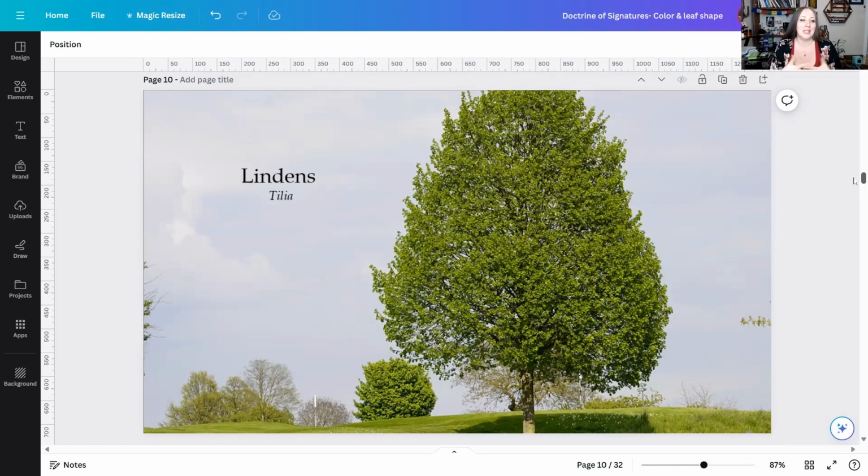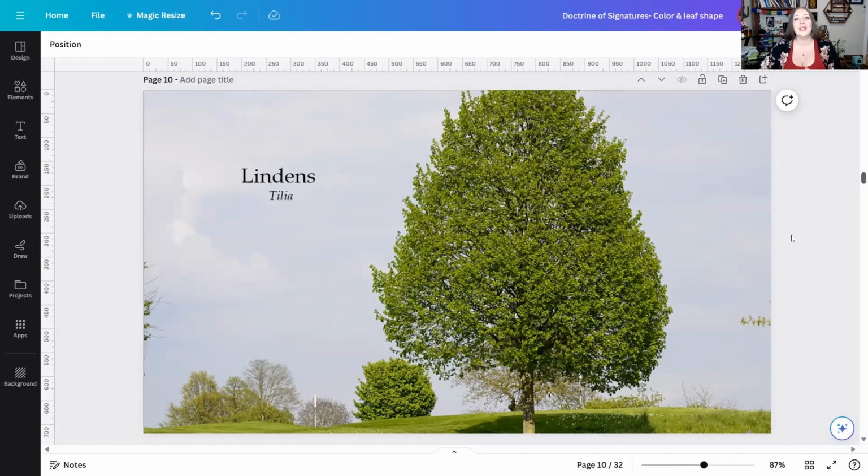It's kind of just mixing them together. So an example here would be the linden tree, which helps calm the nerves and innervate the heart, the diaphragm, and the solar plexus. Linden has another signature that I'm actually going to share with you shortly.